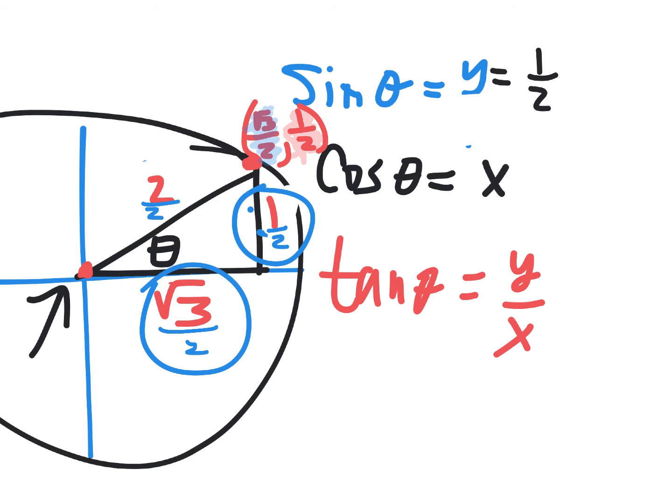And the cosine, well, that's the x of the thing, and the x is the first point, so it's root 3 over 2. I'm teaching you to think differently than just cosine, adjacent over hypotenuse. Even though that's still important, and that's still a thing, you have to know that sine is y and cosine is x.